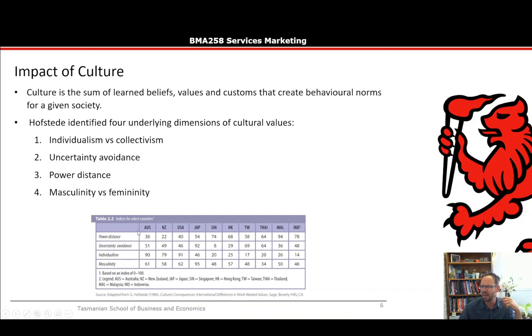Now, we can see here that different countries score differently on these different cultural dimensions. The first one on this chart is power distance. Something like Australia is actually quite low, whereas some other countries like Malaysia are really, really high. We'll have a look at what they mean a little bit more on the next slide.